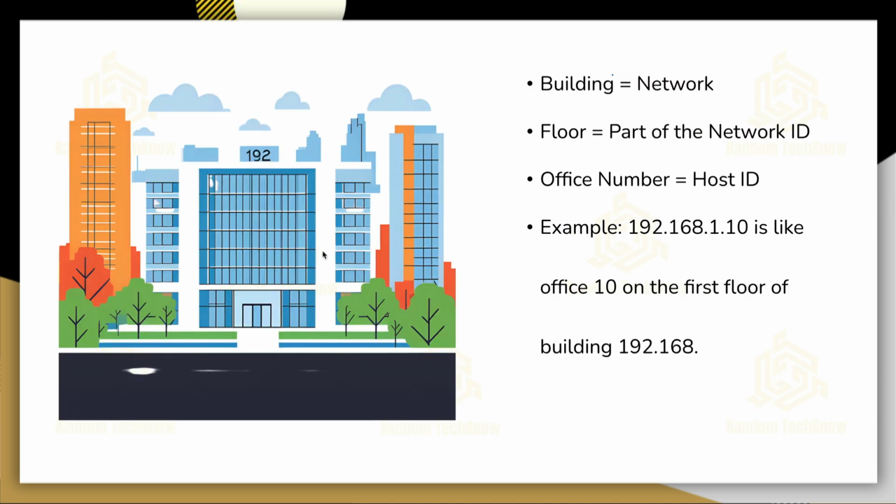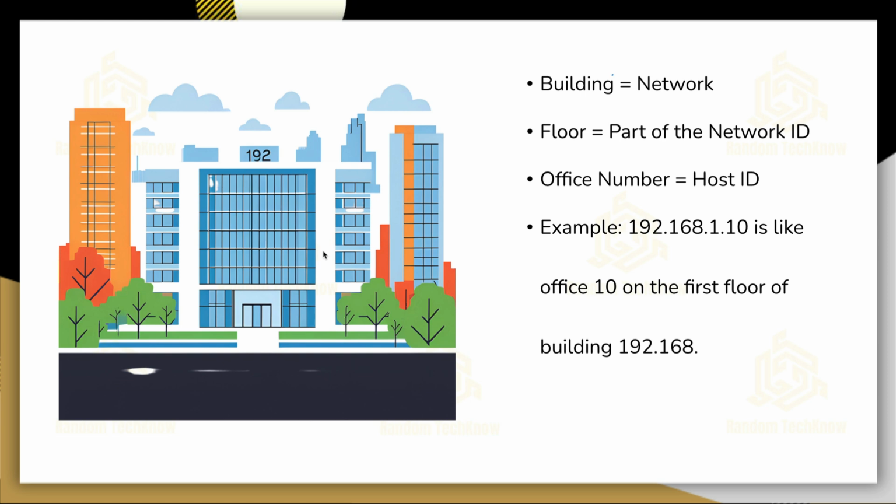Let's visualize this with a fun analogy. Imagine a big office building. The building represents the network. Each floor in the building can be part of the network ID, and each office number on that floor is the host ID.